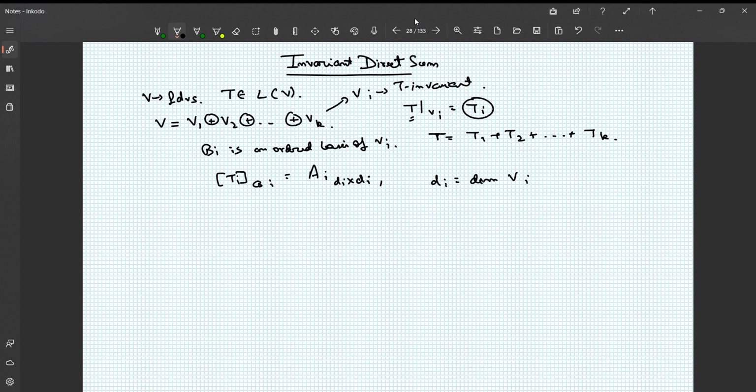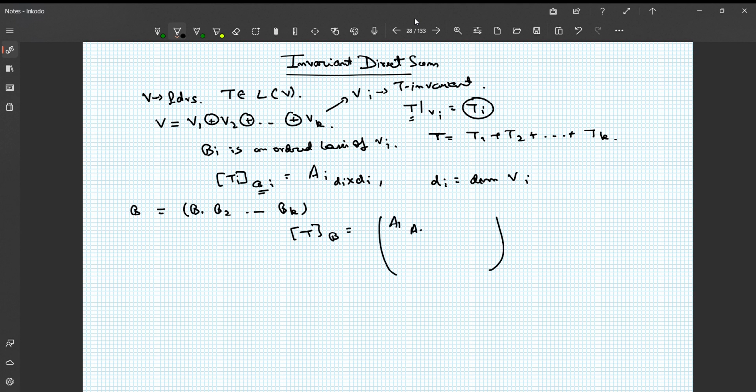Clear? Now, if you consider a sequence of these ordered bases, beta 1, beta 2, till beta k, for the k spaces, and you consider this to be a basis of V, then the matrix of the linear operator T with respect to beta is of this form, right?